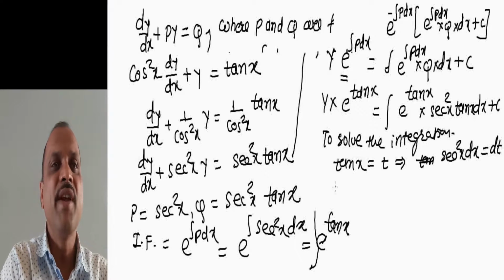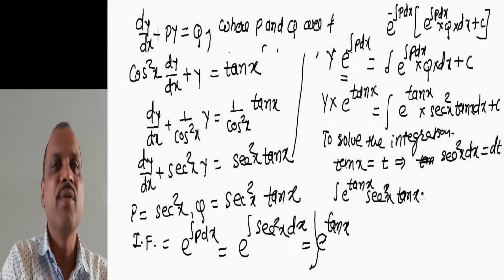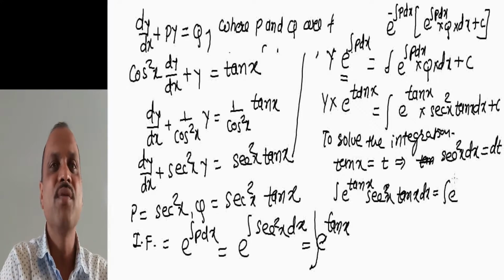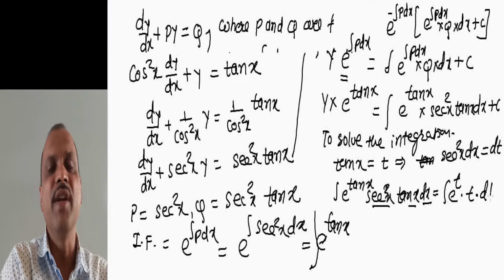Therefore, this integration of e raised to tan x into sec square x into tan x into dx is equal to integration of e raised to t into sec square x dx, that is dt, so we write it as t into dt.